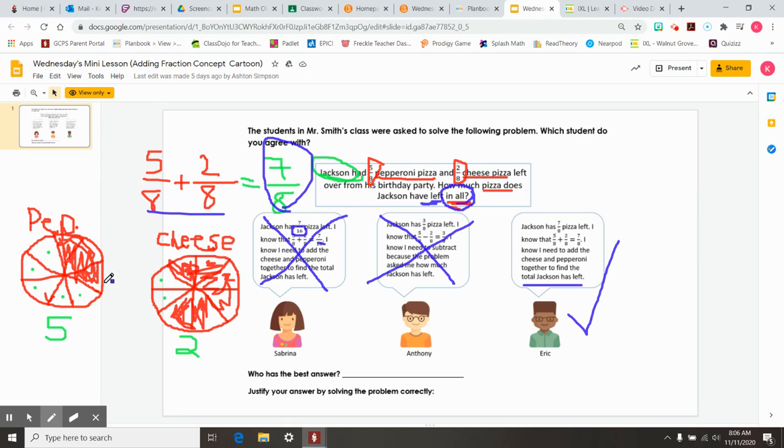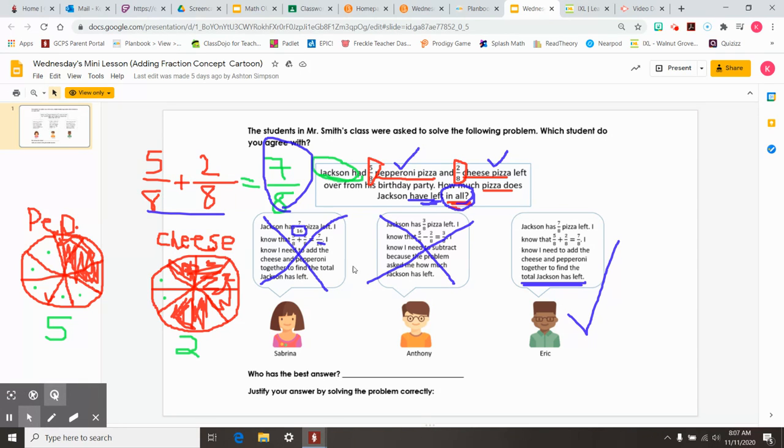He probably drew out his pepperoni and cheese pizzas like we did, and he figured out the total that Jackson had left, because he had two pizzas, not just one specific pizza. So Eric would be correct, and we figured out that he is correct because he followed the steps that we did as well.